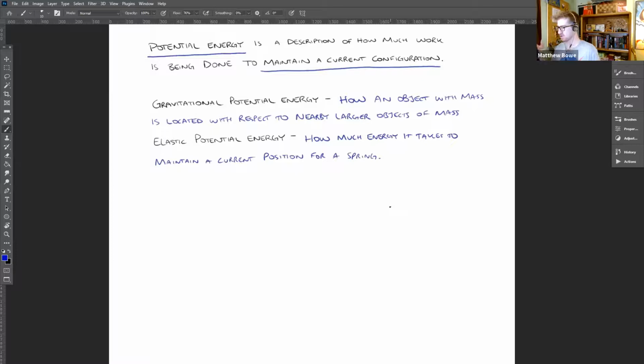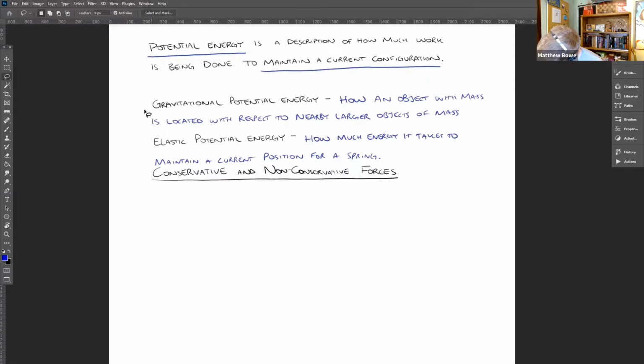In fact, as these energies transfer from one form into another, there are what are called conservative and non-conservative forces.